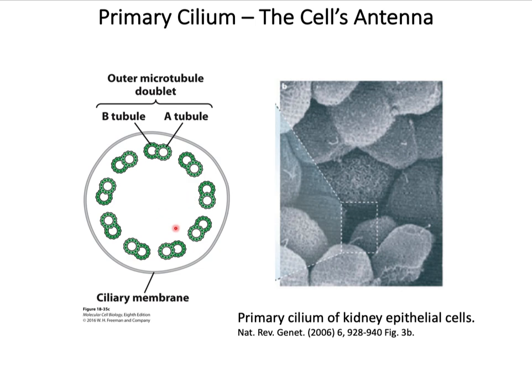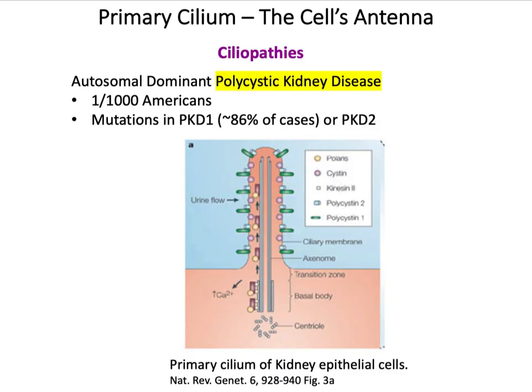It is the part of the structure that holds the whole thing together. This is a scanning electron micrograph of kidney epithelial cells, and you can see these primary cilia on some of these cells. And again, in this case of kidney epithelial cells, the primary cilium senses the flow of liquid or urine by sensing the angle by which the liquid flow is bending them.